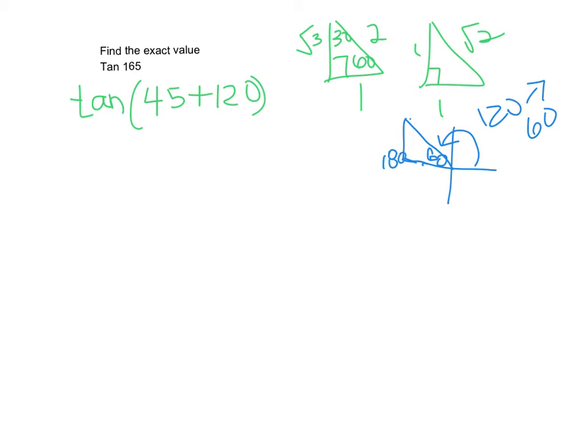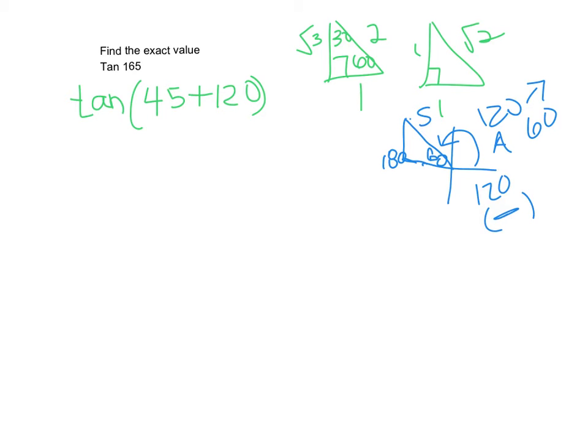So 120 and 60 have the same value, except the signs might be different. In the second quadrant, tangent's negative, so 120 has a negative value that we've got to remember. It's the same as 60 number-wise, but we're going to make it negative.